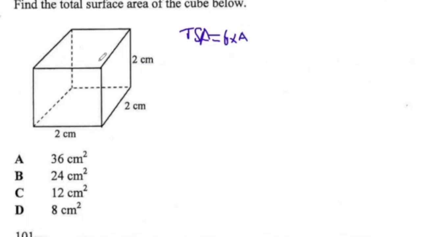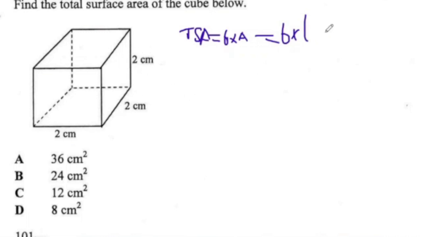Now we know that a cube has all faces equal. These are squares, so even if in your eyes it doesn't seem like a square, these all are squares and they have the same measurements. So we say equal to 6 times, open bracket, 2 times 2, because to find the area of the face of a cube, we multiply the width and the length.